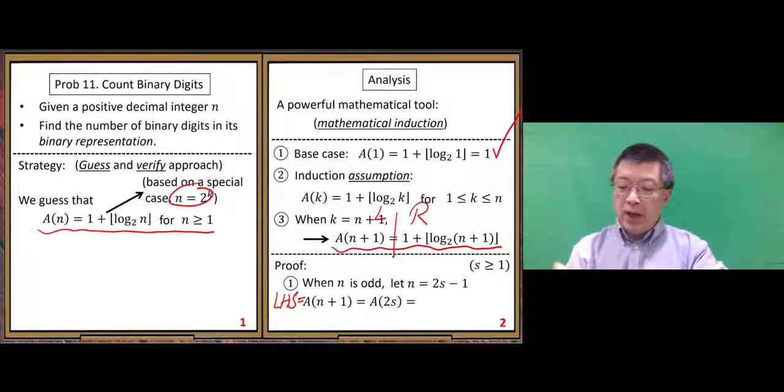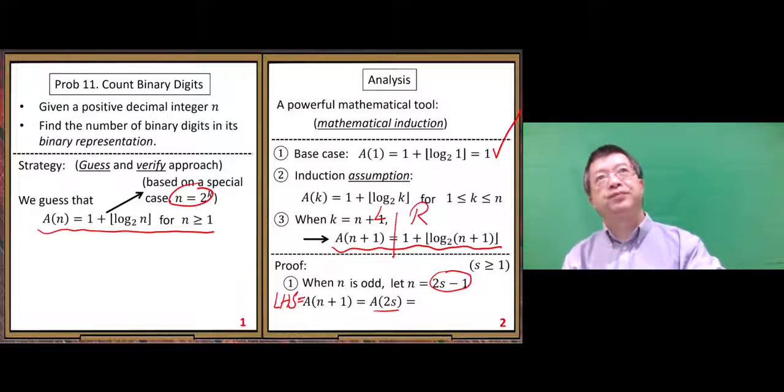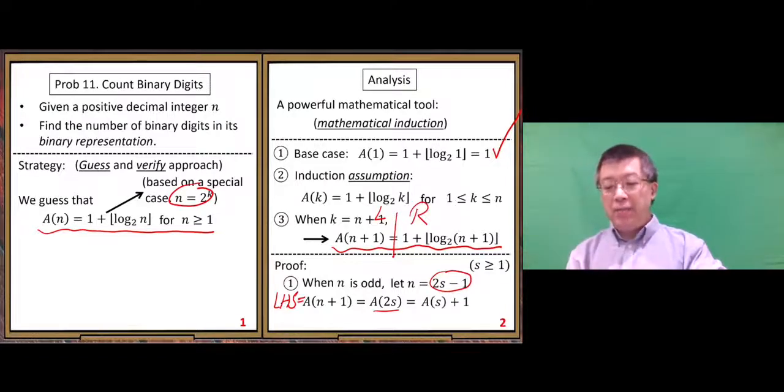Now we replace n by 2s minus 1, so we get a of 2s. Then we apply the recurrence relation. Remember the recurrence relation, a of floor function, 2s divided by 2, so that is s.